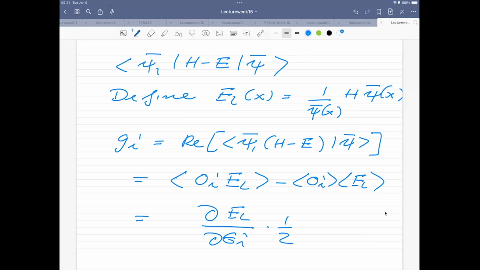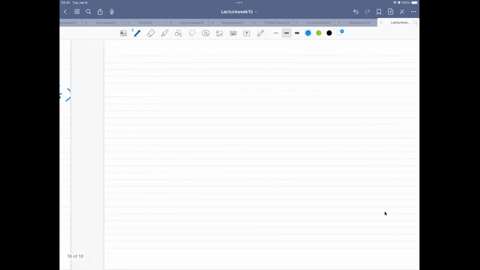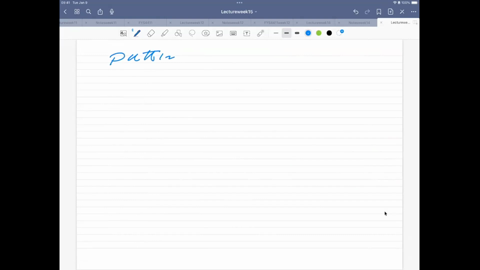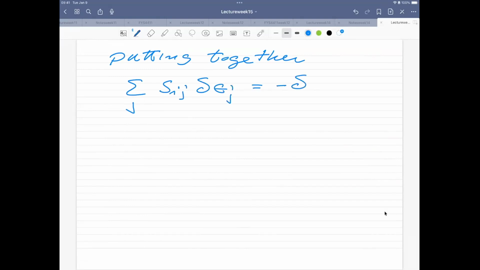So if we put everything together, what we have then is the sum over J of Sij of delta theta J is given by minus delta tau times the gradient.